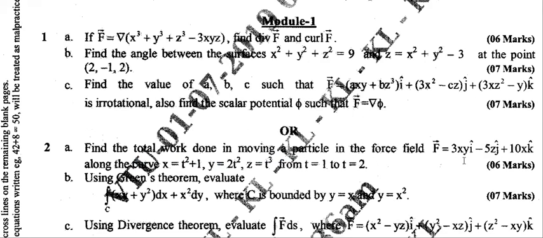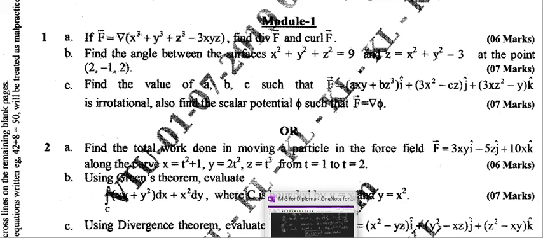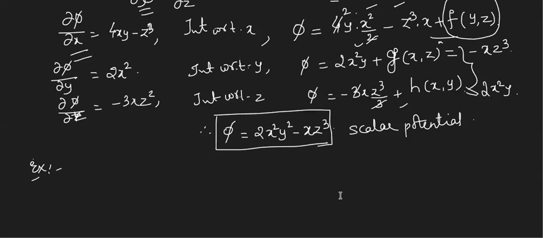Now tell me, work done concept and line integral, are both the same or different? Same, ma'am. They are 100% same, right? So work done is also to be calculated by the line integral only. Let me take it. Please tell me, what is my F?